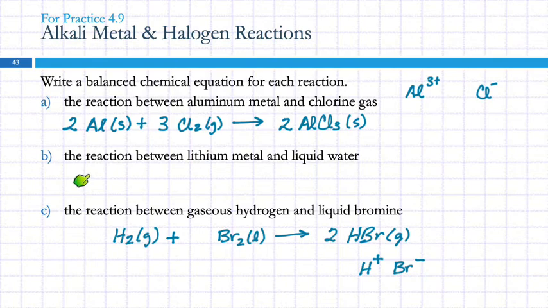Okay, let's do this one. No, I would not ask you to do this on an exam. Reaction between lithium metal. Okay, so lithium is Li. It's a solid. And liquid water.